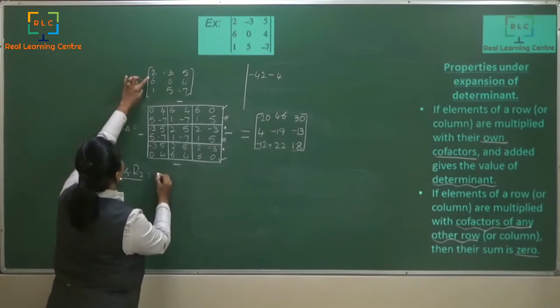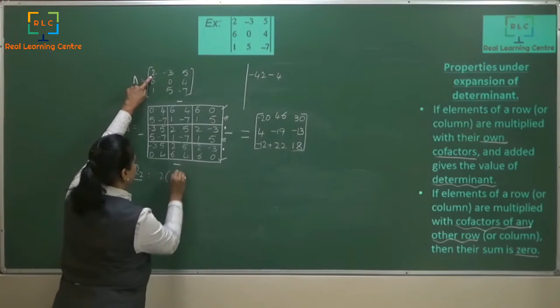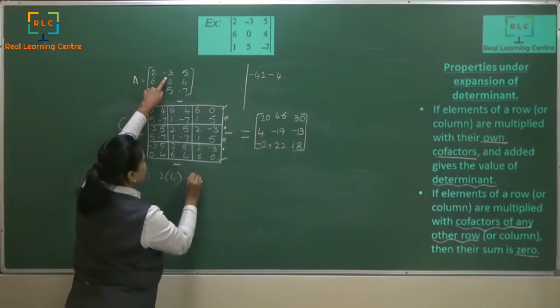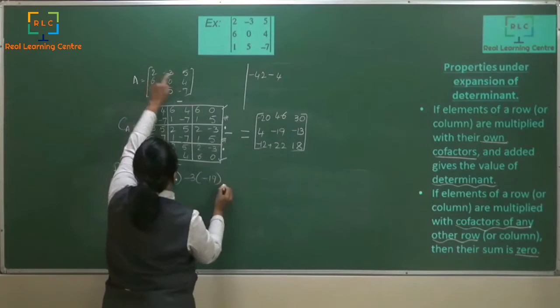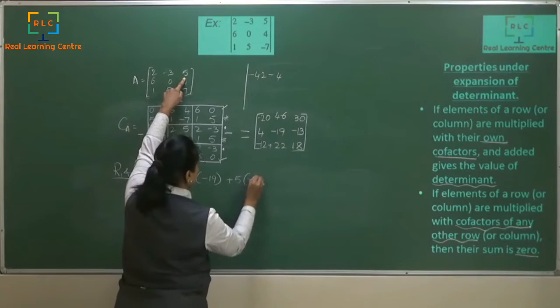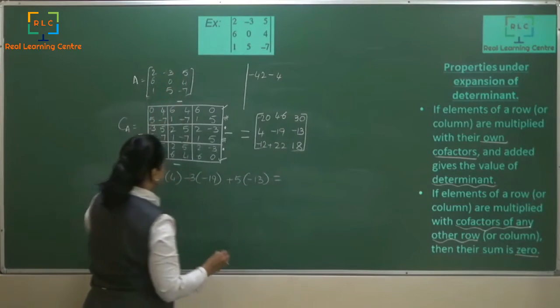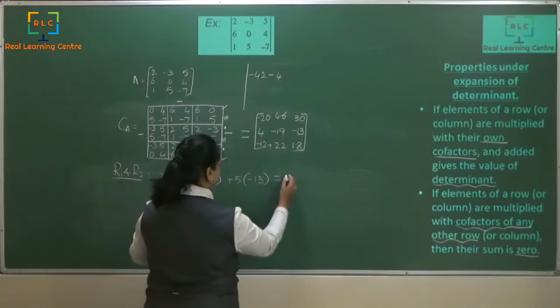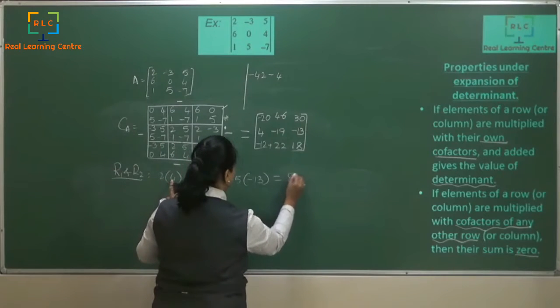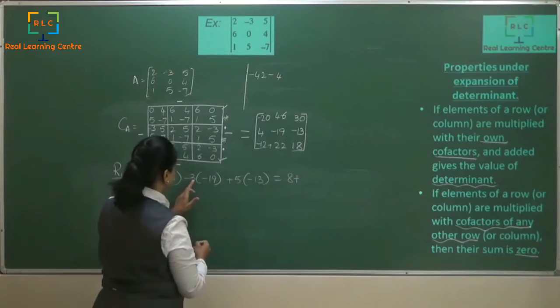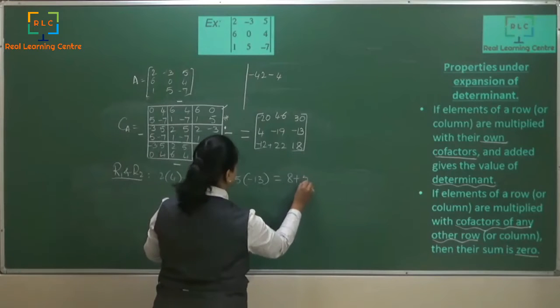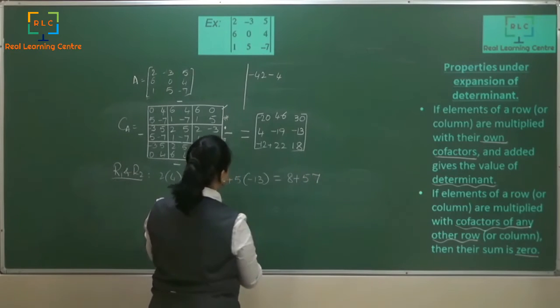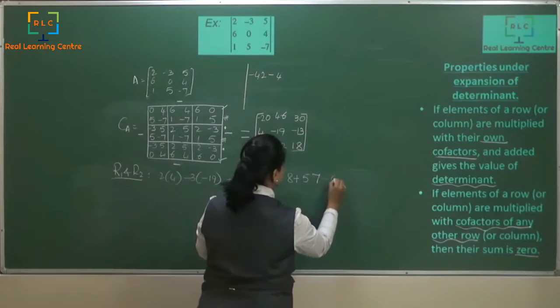So 2 into 4, minus 3 into minus 19 plus 5 into minus 13 is equal to, so this is equal to 2 fours are 8, minus into minus plus, this will be 57, and this is minus 13 fives are 65.